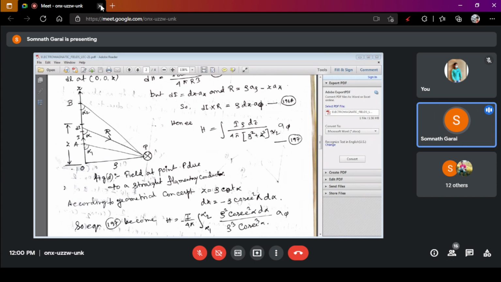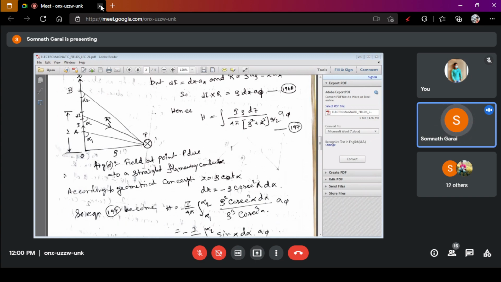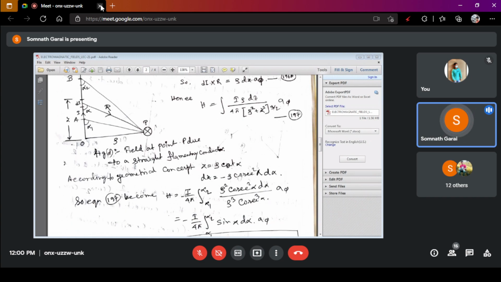If AB is finite, then the angles alpha 1 and alpha 2 are different. And if this conductor is infinite, then the values are different. So we convert dz and z in terms of alpha.